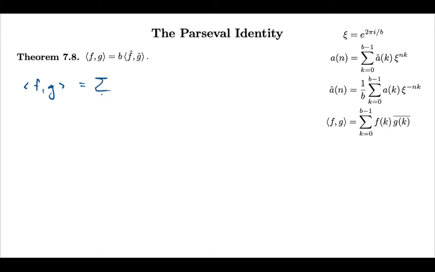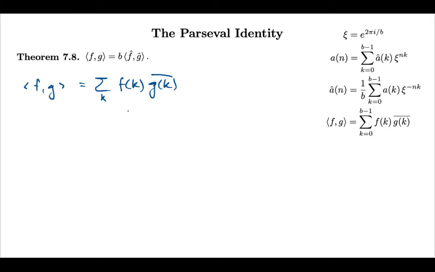This is a sum over k, and we're summing f_k times the conjugate of g_k. My sums today will always be from 0 to b minus 1. We'll have lots of double and triple sums, so let me abbreviate this and write a little k under the summation symbol.